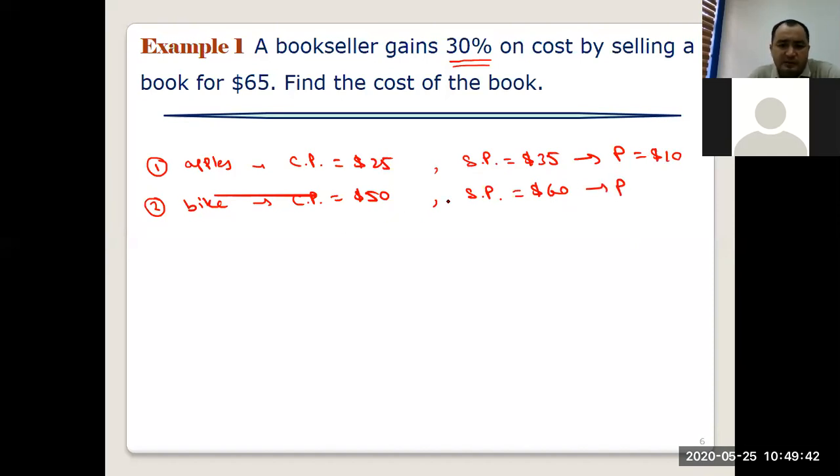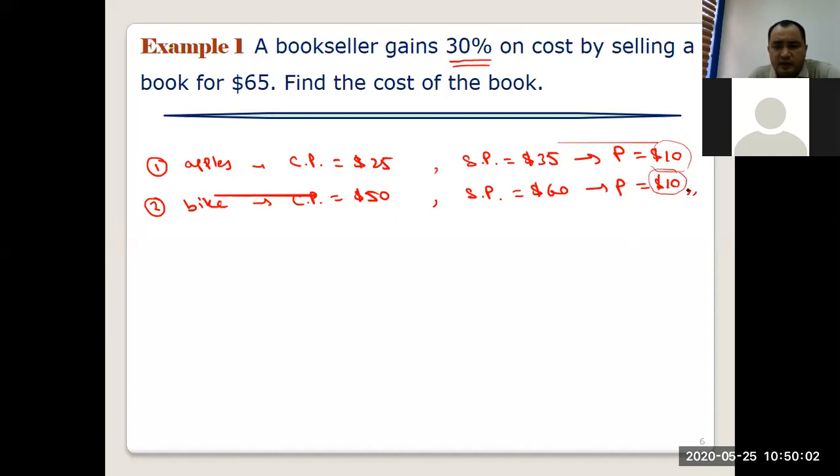And how about the profit of the second person? It is 60 minus 50. Also, it is $10. All right. Now, how can they compare their profit? Do you think that both people are successful or they are making the same profits? Yes, actually, in terms of amounts, the amounts are the same.